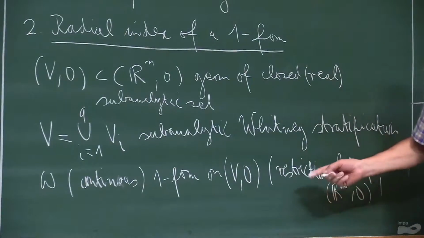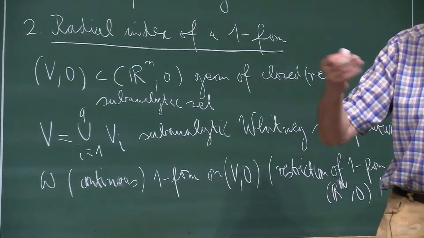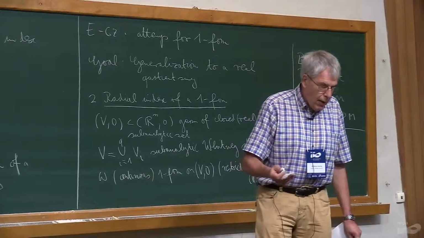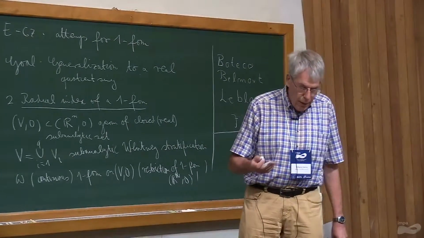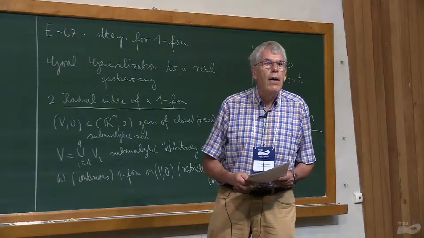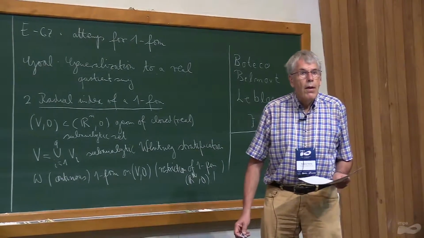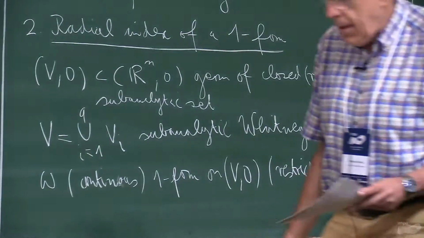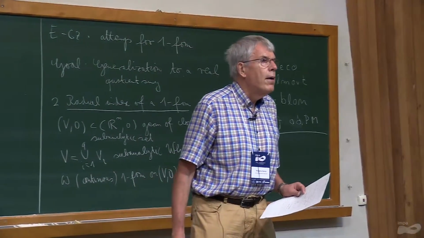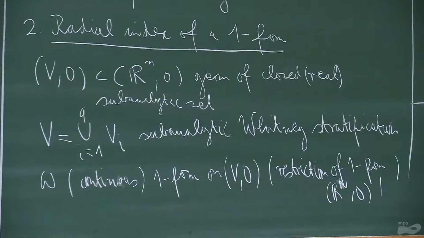This is one of the advantages of working with forms instead of vector fields, because there is a restriction of a form defined on the ambient space, and contrary to vector fields, you don't have to care about tangency conditions. Yes, restriction of the coefficients, of course. Continuous on R^n. At this place we only need continuity. Analytic will come up later.